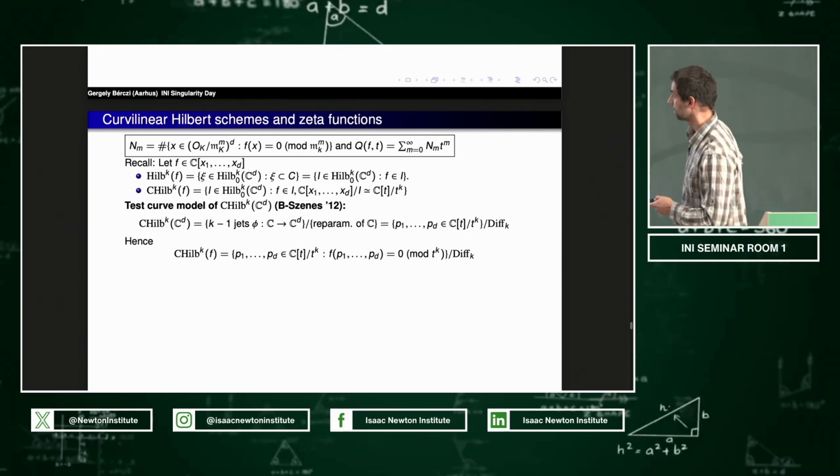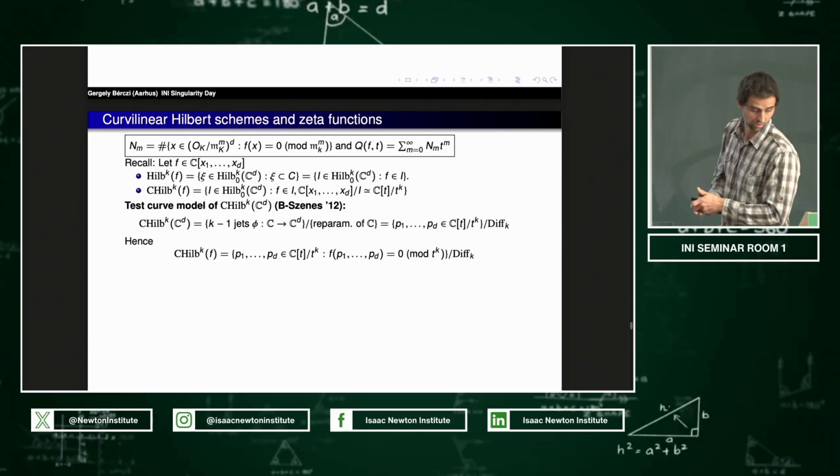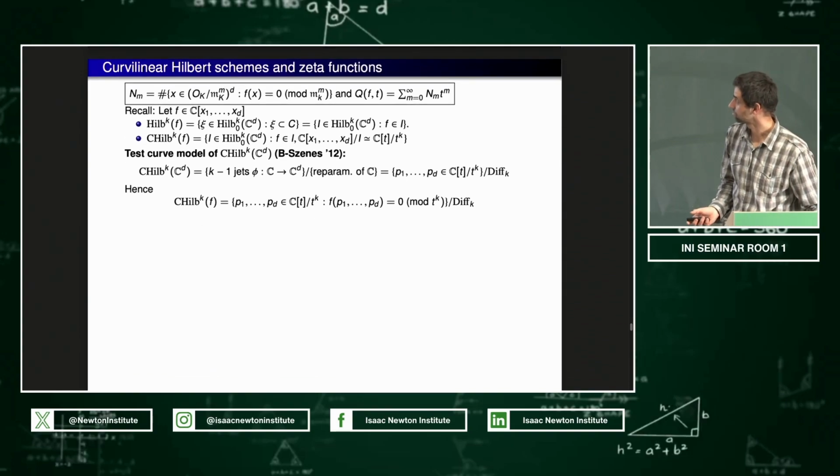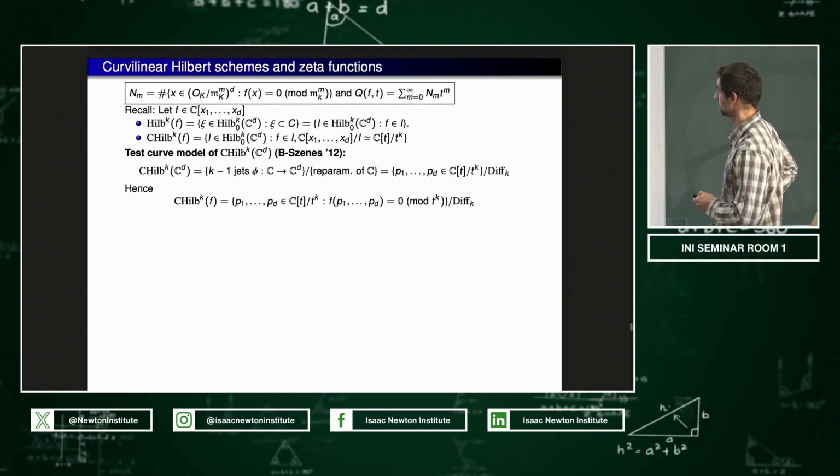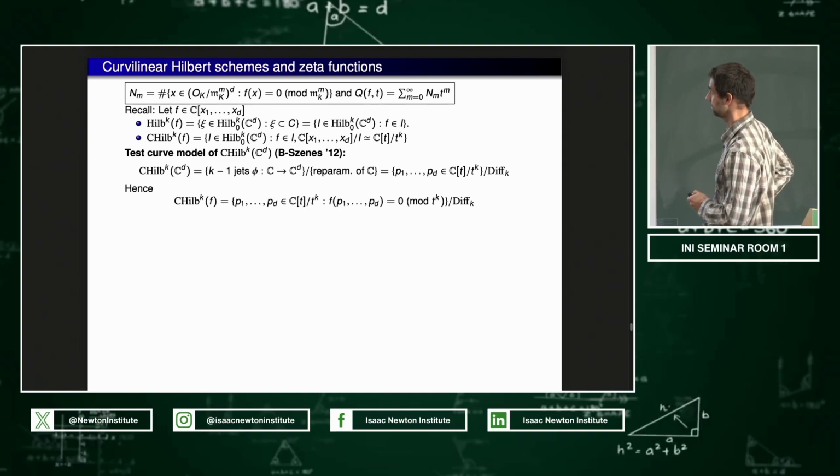And here is a really nice correspondence between these two things, which I think is a super nice observation. The curvilinear Hilbert scheme is really a set of d polynomials of degree k, such that f vanishes on that modulo t^k.